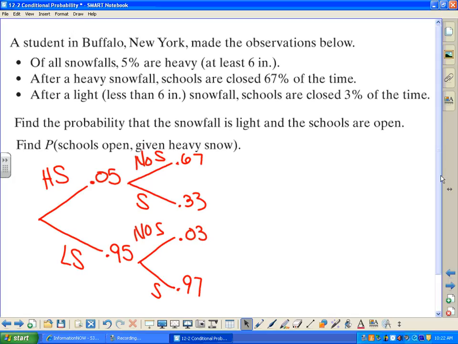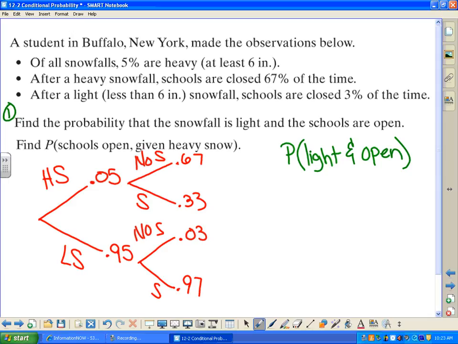Okay. So problem number 1 up here says, find the probability that the snowfall is light and the schools are open. So we're supposed to find the probability that we have light snowfall and the schools are open. Light and open.